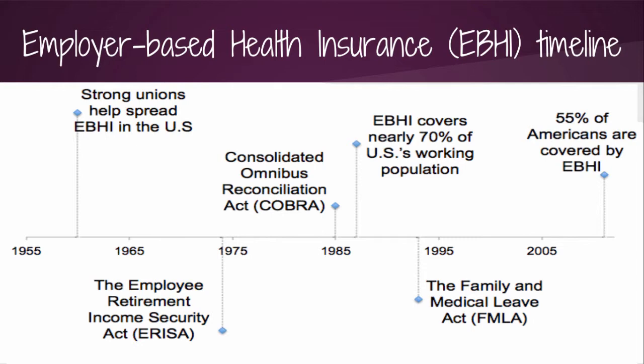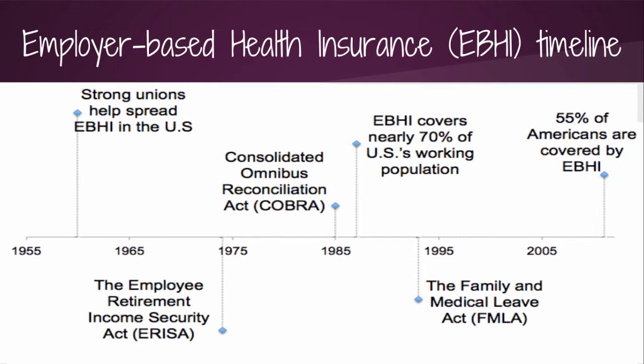But in order to avoid ERISA federal mandates, many large corporations began to self-insure, and during the 1980s, corporations began to increasingly pass on the cost of health insurance onto employees. And in 1985, an important amendment made to ERISA, known as COBRA, allowed individuals to pay for employer-based health insurance for up to 18 months after losing a job.